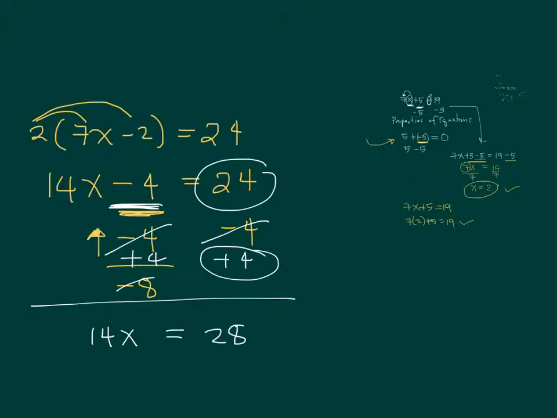What should I do here? Divide. What do we need to get? We need x. And there's a 14. So what should I divide 14x by to solve for x?